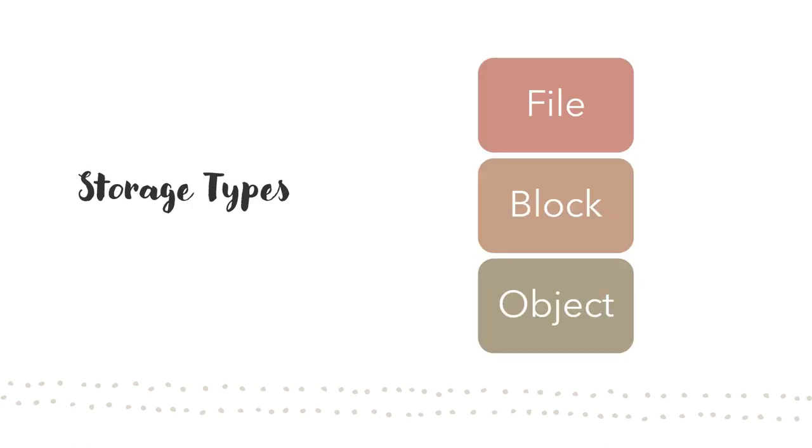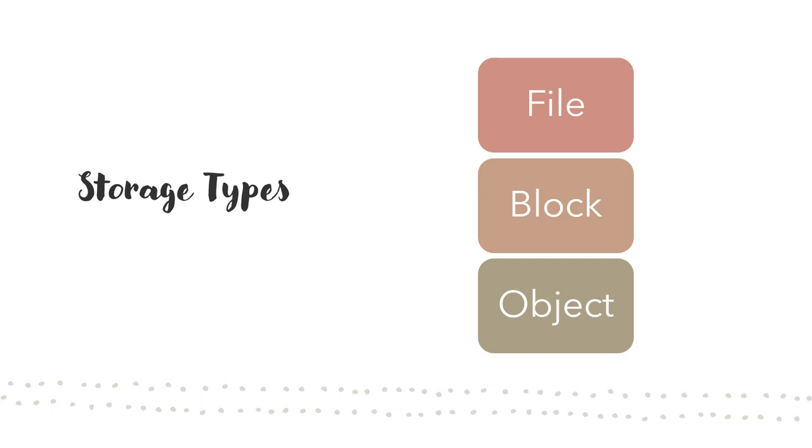Primarily we can talk about three types of storage: file based storage, block based storage, and object based storage. Typically a file based storage is something we can associate with a NAS, or network attached storage. In a file based storage we have a hierarchical way of storing data. We can have folders and subfolders within which we have a file, and that file can be accessed using a URL.